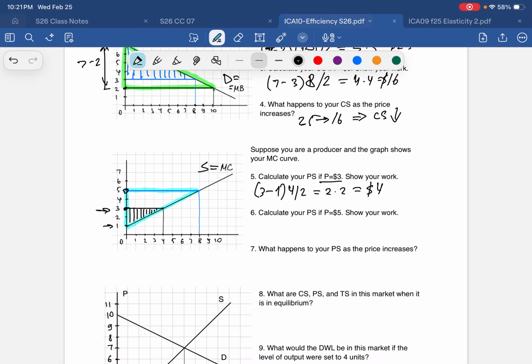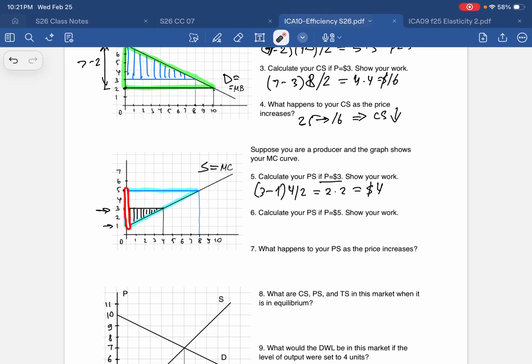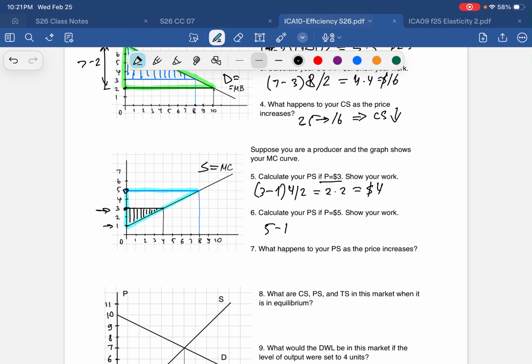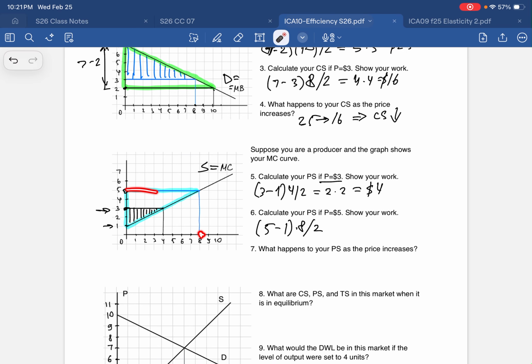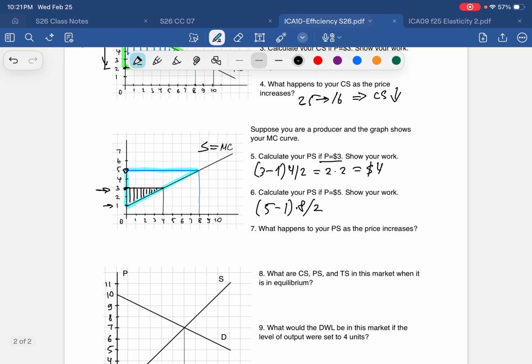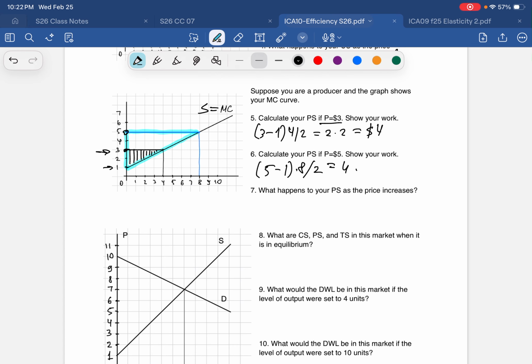At $5, it's going to be this side times this side, so it's going to be 5 minus 1 times 8 and divide by 2, this 8, right? So you're getting 4 times 4, so it's 16.